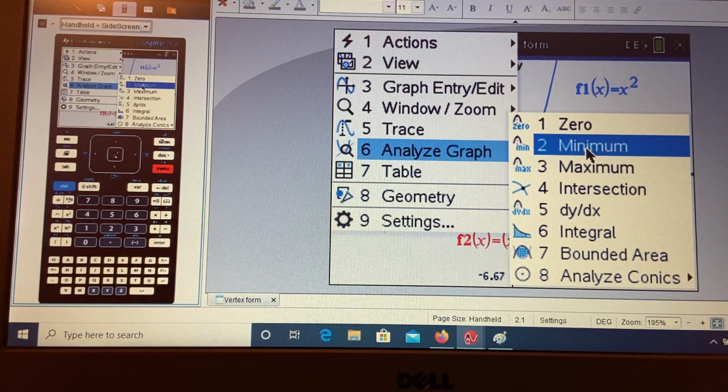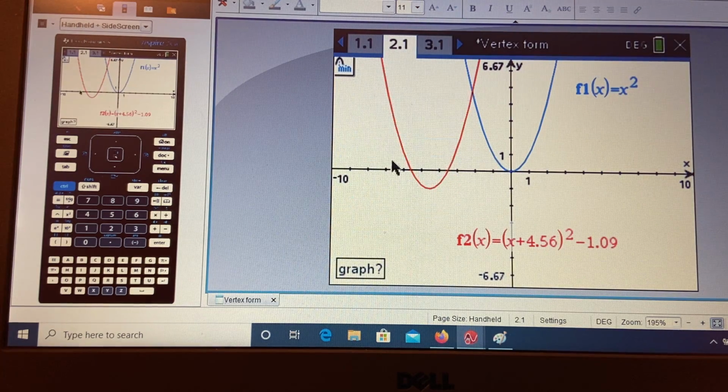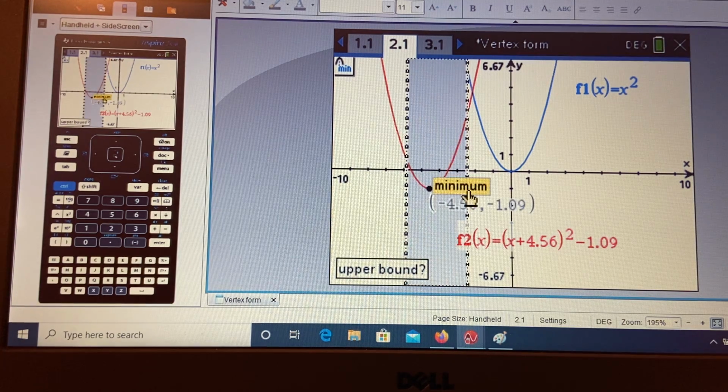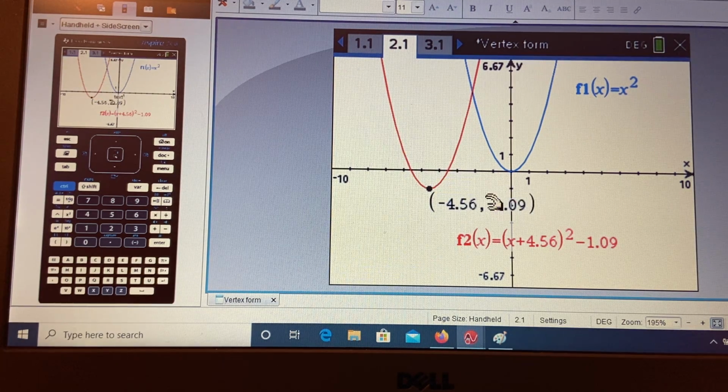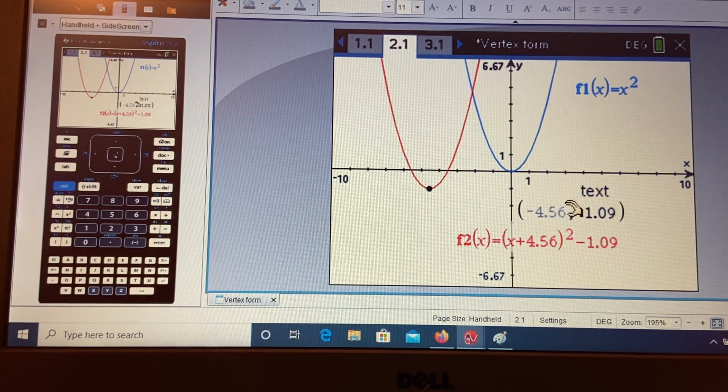This is still a minimum, and we want to know the vertex of graph 2. So we're going to click and click again, and here is our vertex. So it is the opposite sign, so it's a negative 4.56 and a negative 1.09. You notice that the sign on our k value doesn't change.